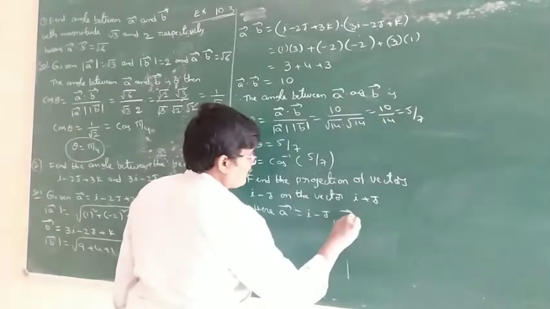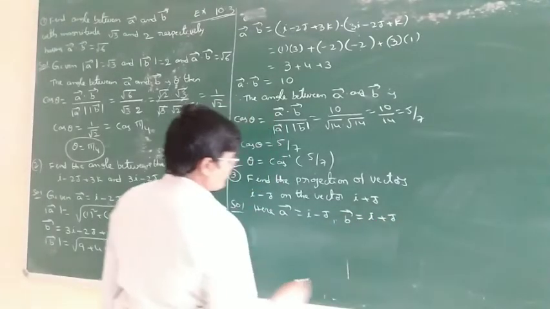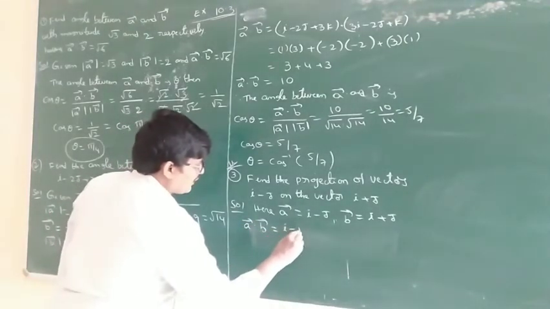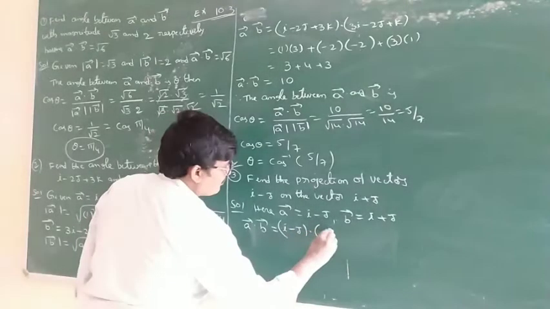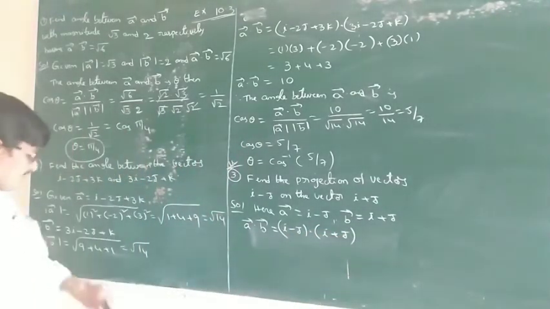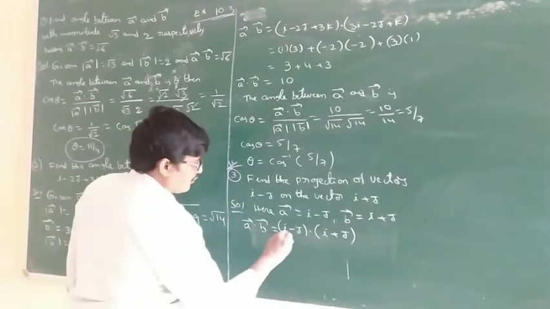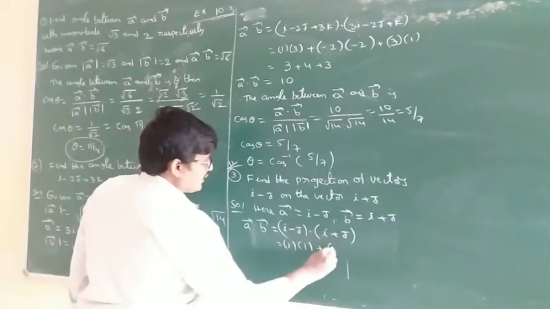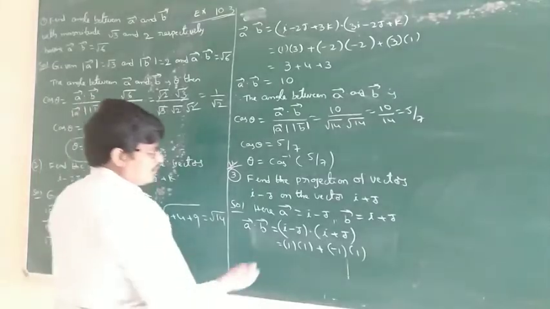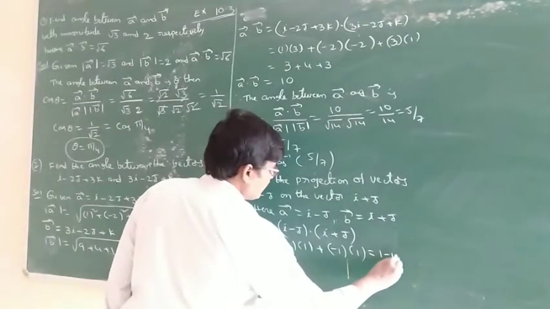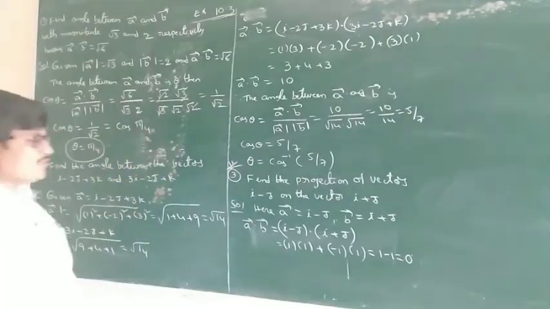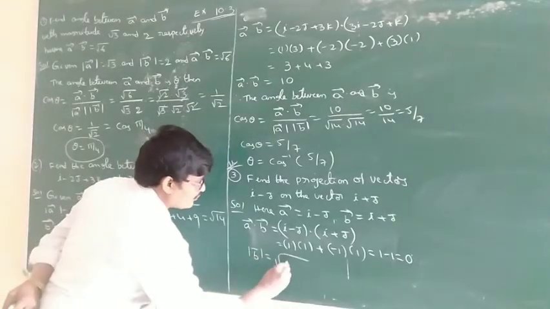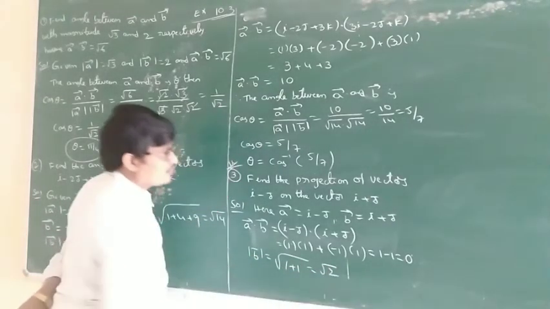B bar is equal to i plus j. A bar dot B bar is equal to i minus j dot i plus j. So 1 into 1 plus minus 1 into 1, that is equal to 1 minus 1, 0. So mod B bar is equal to root of 1 plus 1, which is root 2.